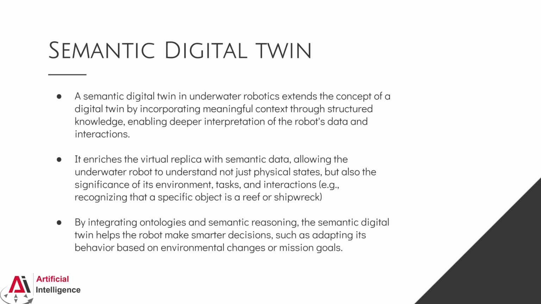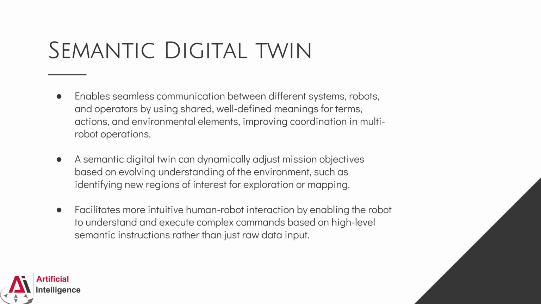The semantic digital twin further helps the robot make smarter decisions, such as adapting its behavior based on environmental changes. So for example, if the turbidity of the water is too high, the robot should be able to detect and understand that, okay, at this point, this mission will not be possible, so I need to abort. The next thing is the semantic digital twin can dynamically adjust mission objective based on evolving understanding of the environment.